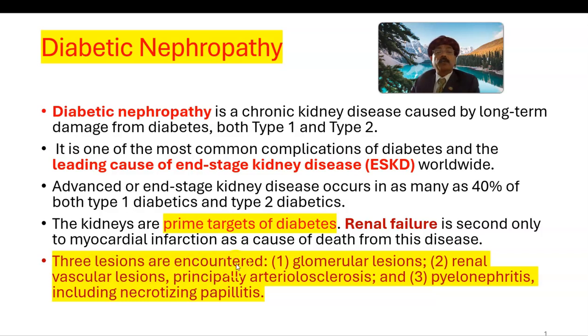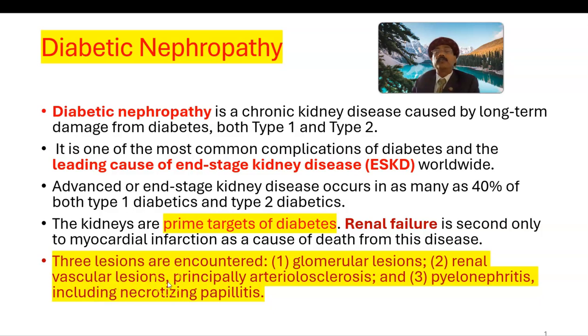Three lesions are encountered: glomerular lesion, renal vascular lesions, principally arteriosclerosis, and pyelonephritis, including necrotizing papillitis. With glomerular lesion, the filtration process will be lost.